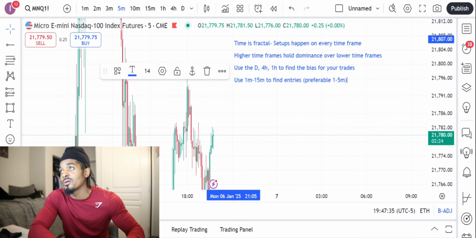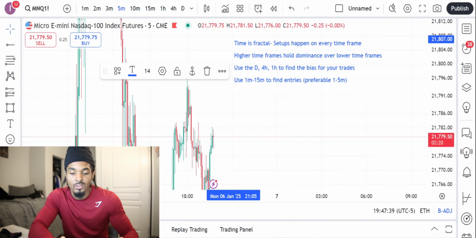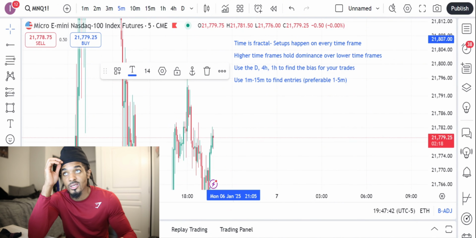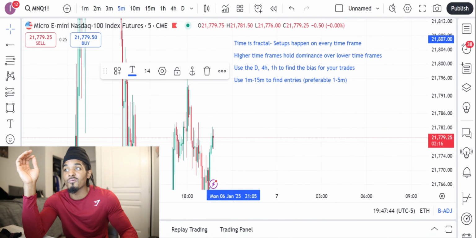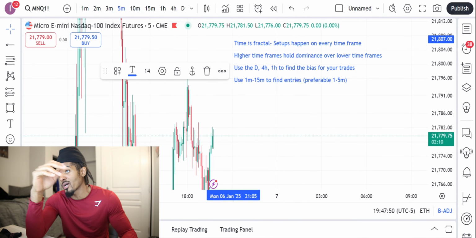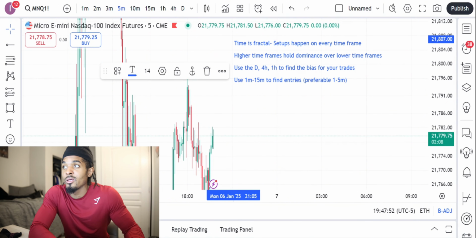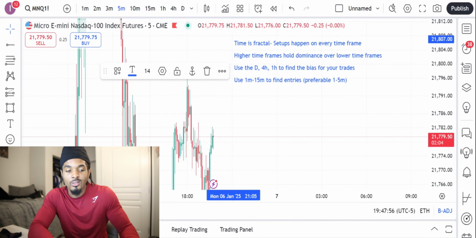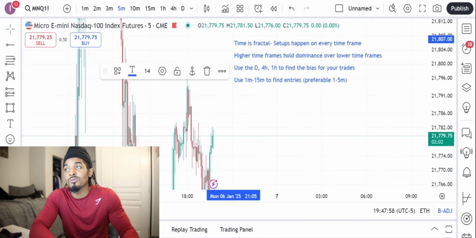These are times during the session, like New York session or whichever session that you're trading, where price is going to be a little bit more volatile and there's going to be a lot more movement in the market usually. Like today is January 6th, price was shitty all day, so macros didn't matter too much, but the macros would be the last 10 minutes of the hour and the first 10 minutes of the hour.